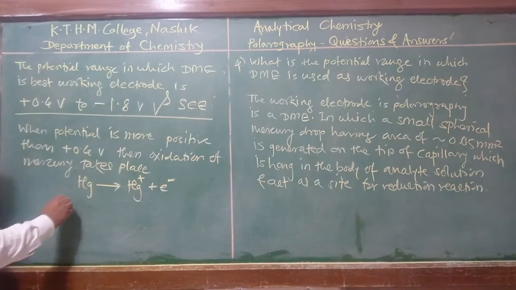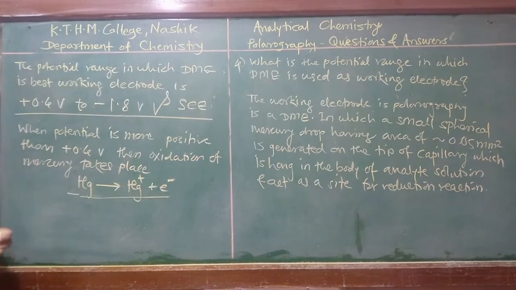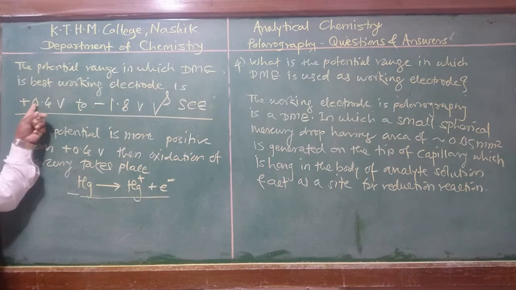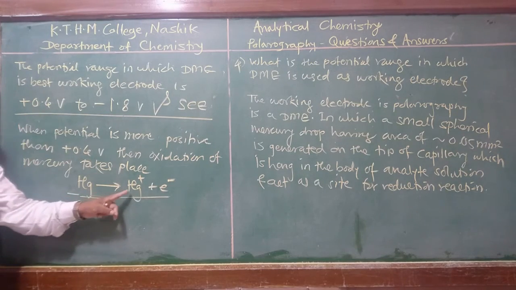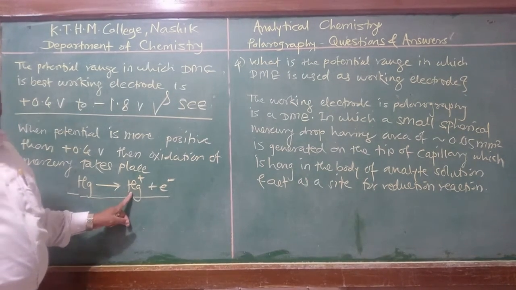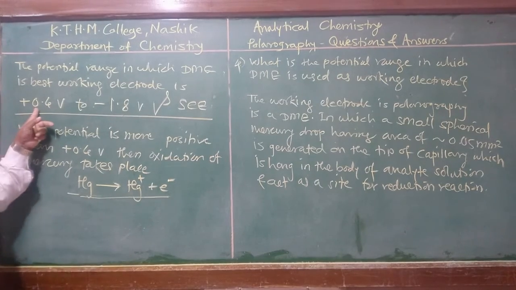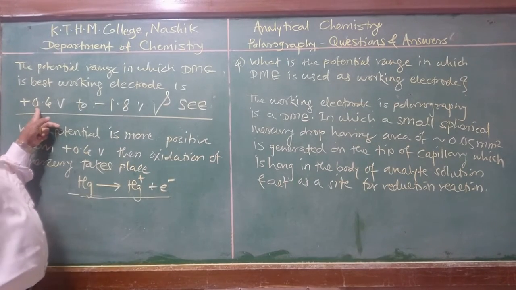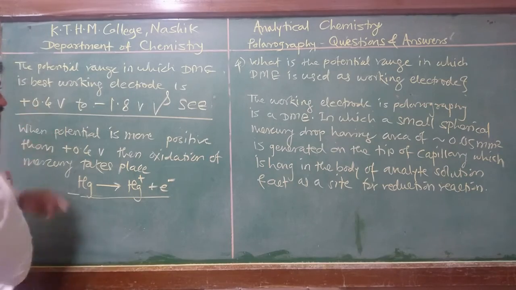This is an oxidation. So if the potential goes more positive than this, the electrode itself undergoes oxidation, and therefore we do not increase the potential beyond plus 0.4 volt in the case of DME.